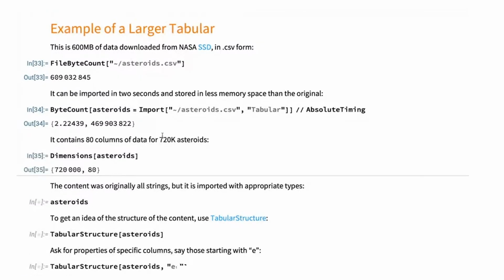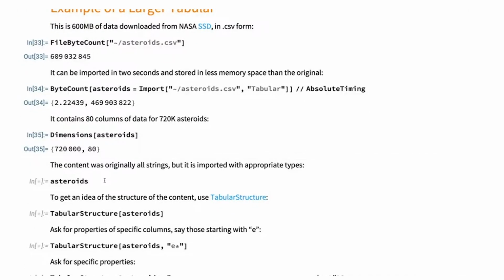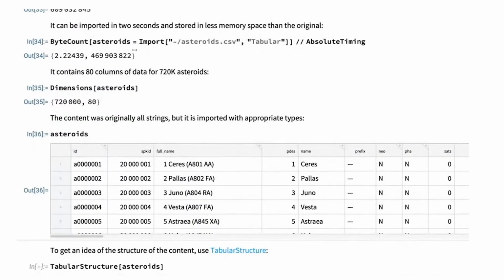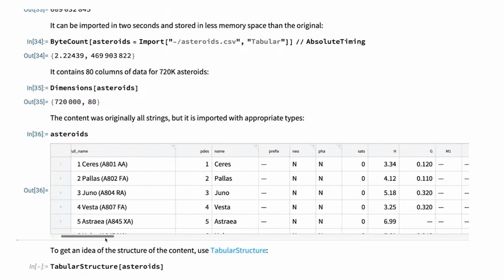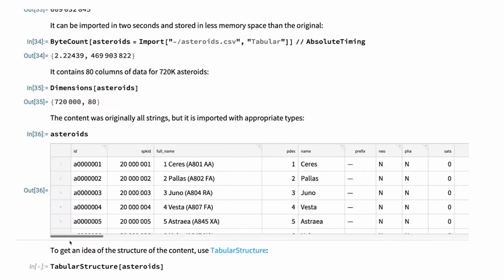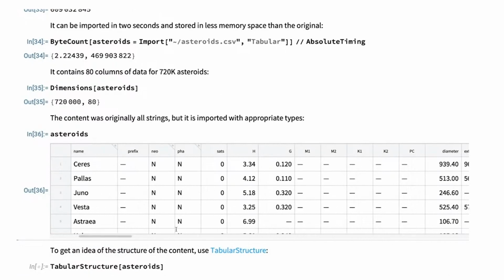This file has 720,000 rows with 80 properties, and this is the Tabular that we get. Notice that the original was a CSV file, all with strings, and the import of this object already assigned proper types to all these columns: strings, numbers, reals, integers, even dates.